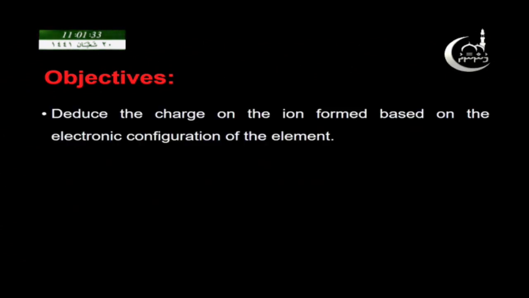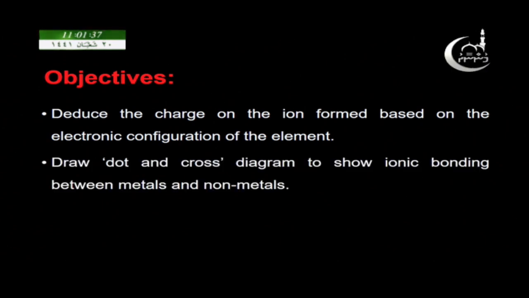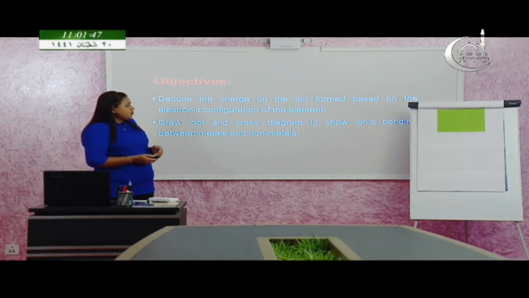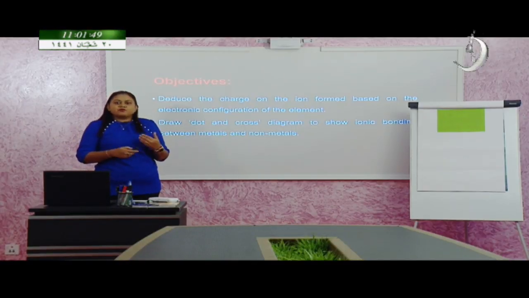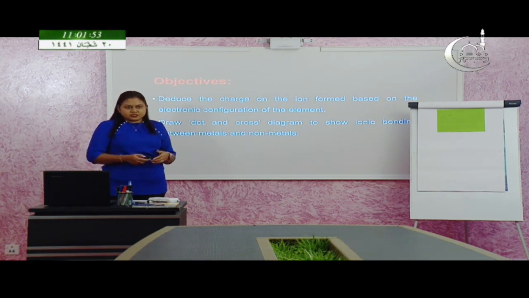Deduce the charge on the ion formed based on the electronic configuration of the element. Draw dot and cross diagrams to show ionic bonding between metals and non-metals. As we go along the topic chemical bonding, we will also be referring to what ionic bonding is and how to draw ionic bonding structures.